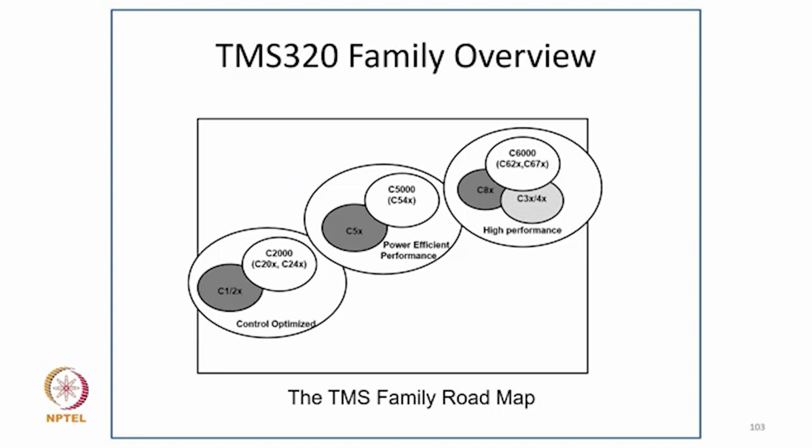This is the family roadmap, starting from C1x or C2x to control optimization, then power efficient performance, and then high performance computing.